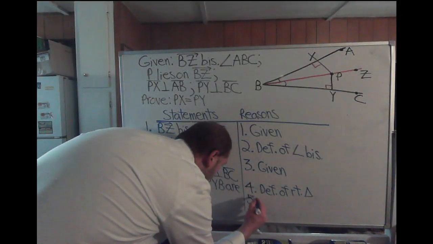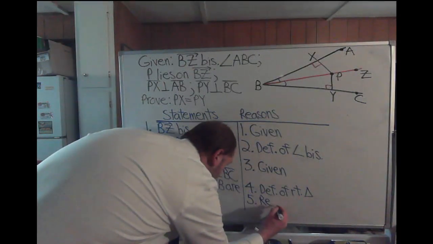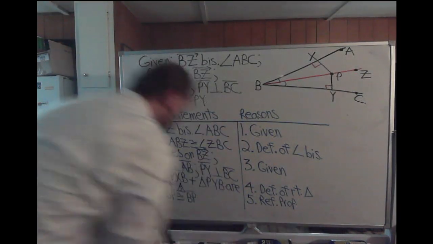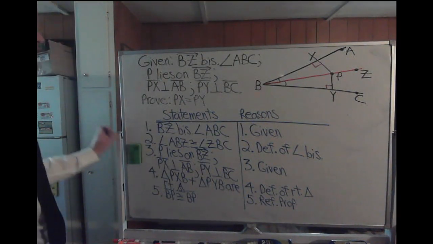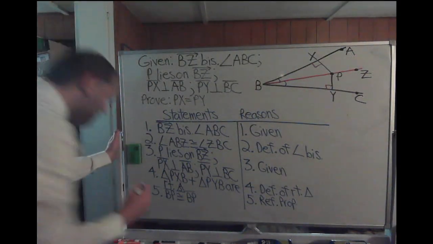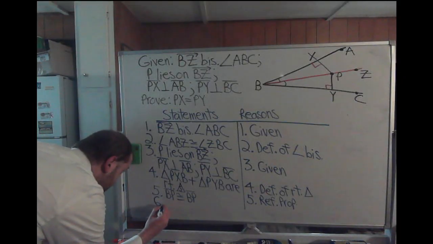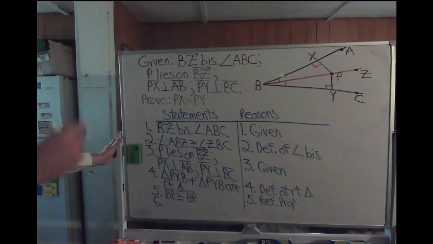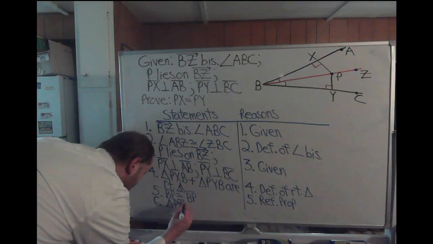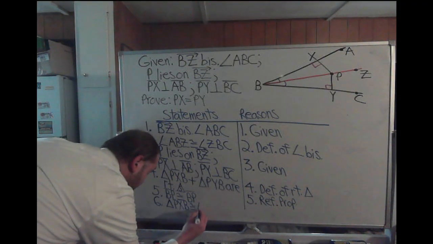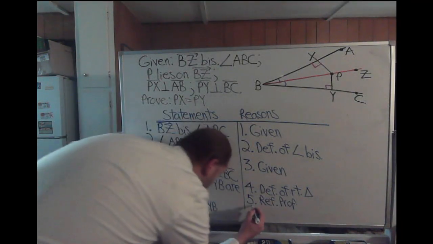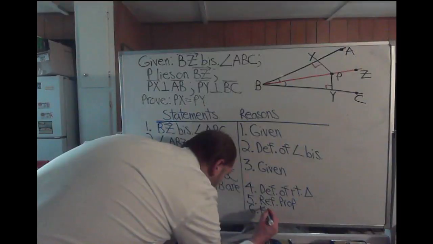So that would be step 5. The reason for that is it's the reflexive property. Which next, we now have an acute angle and the hypotenuse congruent. We can therefore now say that triangle PXB is congruent to triangle PYB by the HA theorem, the hypotenuse acute angle theorem.